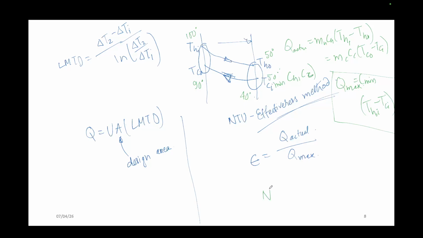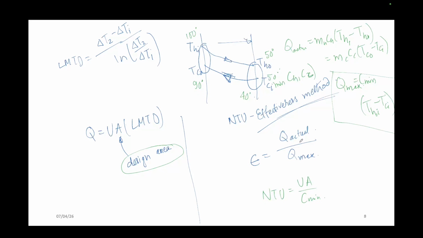So NTU method, NTU basically is your UA by C min. In the previous case, our objective was to find design area, right? But here our objective is to find Q, not area. Our objective is to find Q actual.